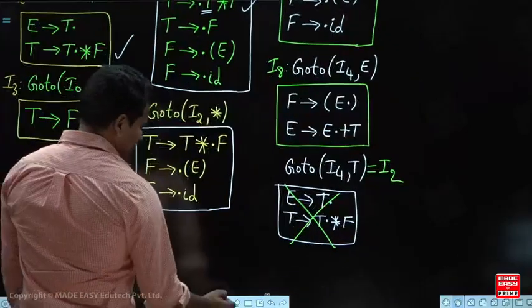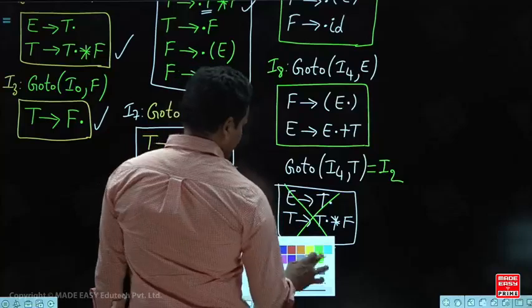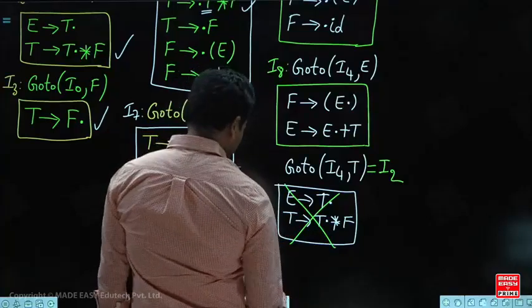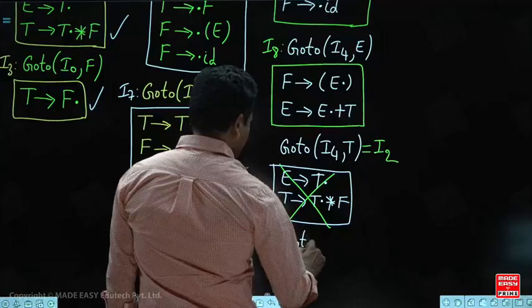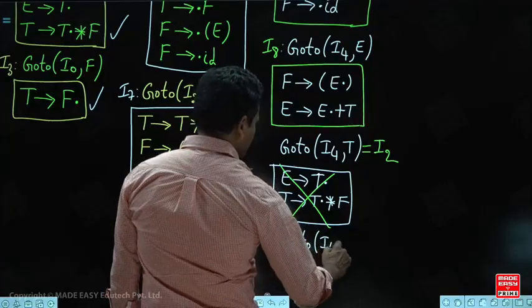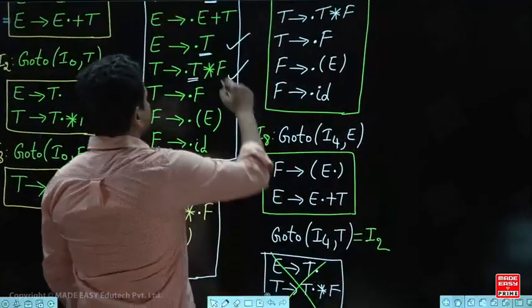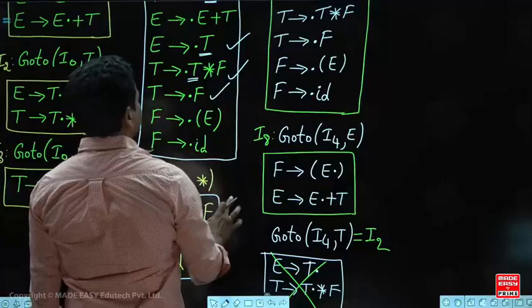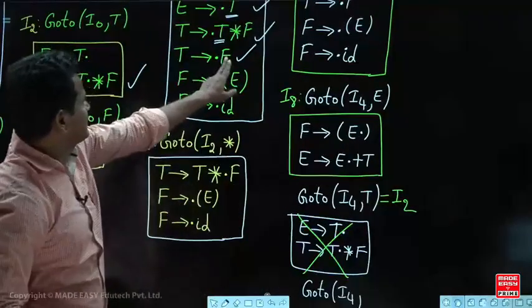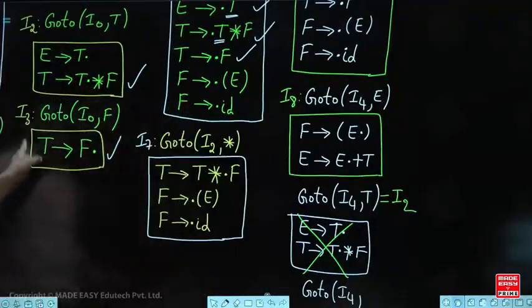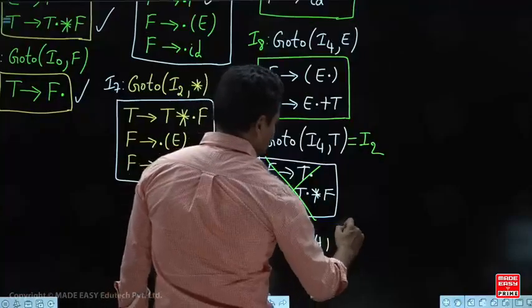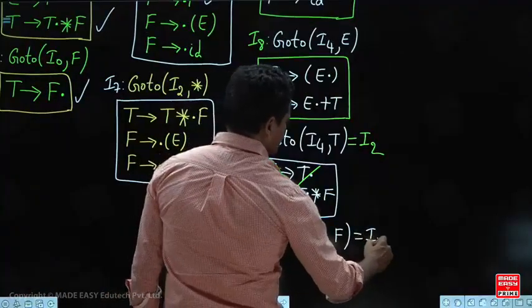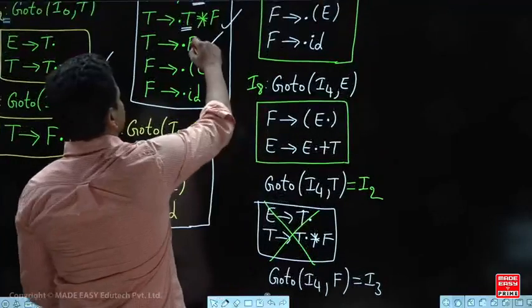Okay, now go to of I4 comma F. T is completed. Then I4 comma F: there is T dot F, which is this one, I3. So I4 comma F is I3, it is completed.